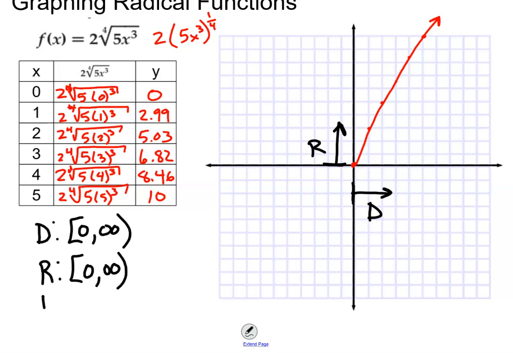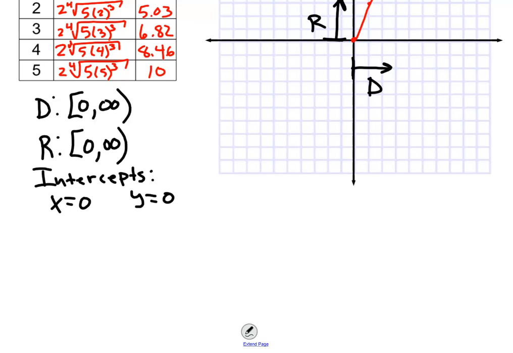And we would have just intercepts. Our x-intercept would be 0 and our y-intercept would be 0 as well. And then lastly, the one thing that I want to make sure that we understand is we're increasing. Is our graph going up or down?